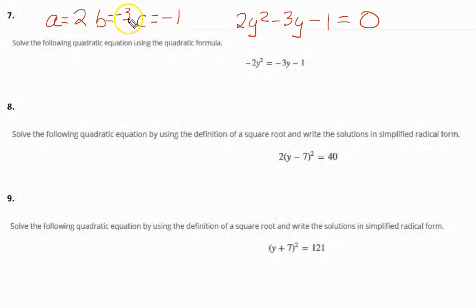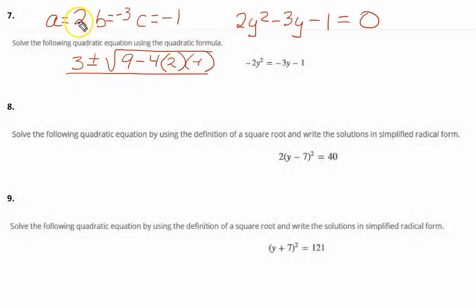So a negative B would be a positive 3 plus or minus the square root of 3, a negative 3 squared is 9, minus 4, it's in the formula. A is 2, C is a negative 1, and this is all going to be over 2A, which is a positive 4.